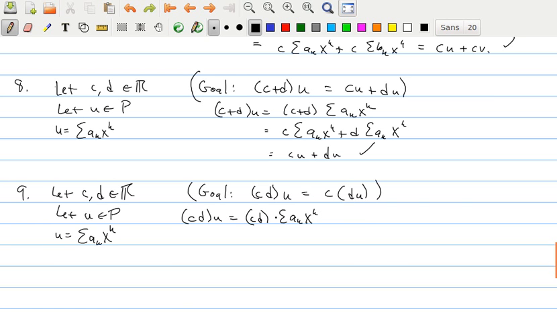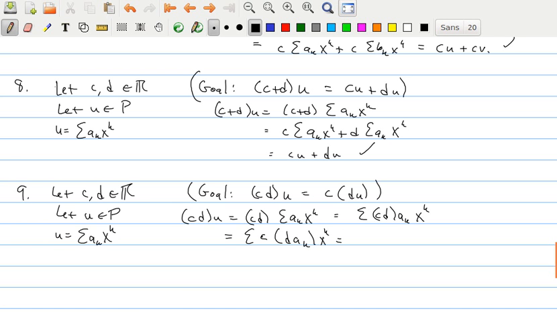So now I can take this cd, and by performing the operations of polynomials, I can just take this scalar and distribute it through. So we can write this as cd ak x to the k. And now I can use the associative property of multiplication of real numbers and shuffle the parentheses around inside here and write this as c d ak x to the k.